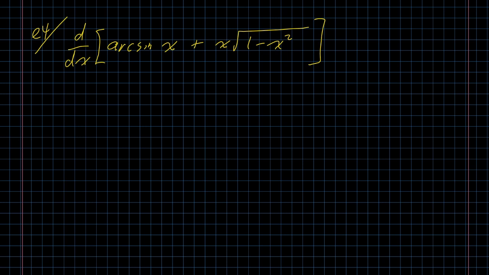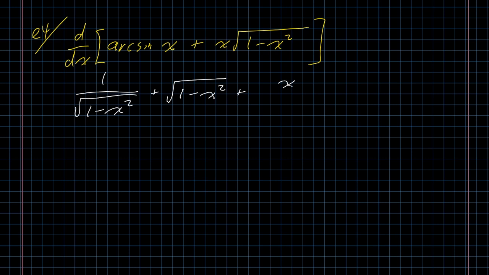But our differentiation rule says that the derivative of arcsine is 1 over the square root of 1 minus x squared. Then I have this square root here. It's a product of two functions, so I'll use the product rule. Derivative of x is 1, so we'll have the square root of 1 minus x squared. And then we will have x times the derivative. The derivative.